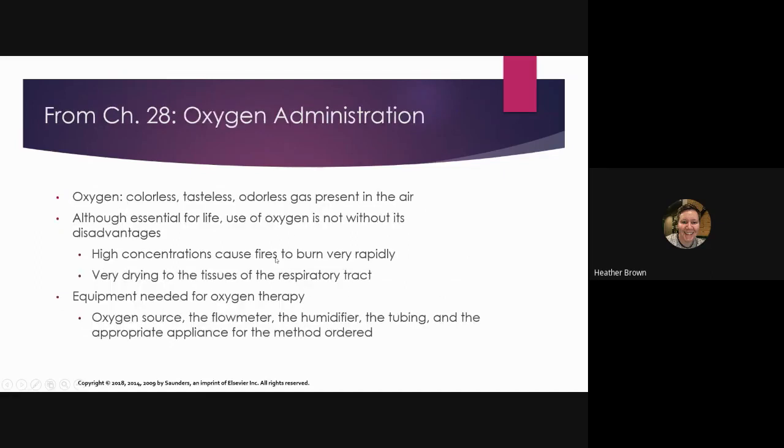Oxygen administration, so here is concentrations of oxygen high. They dry out the tissue of the respiratory tract. We need to pay special attention for our patients with sinus problems because they already have very dry mucous membranes, and it's putting them at further risk with that oxygen flow.